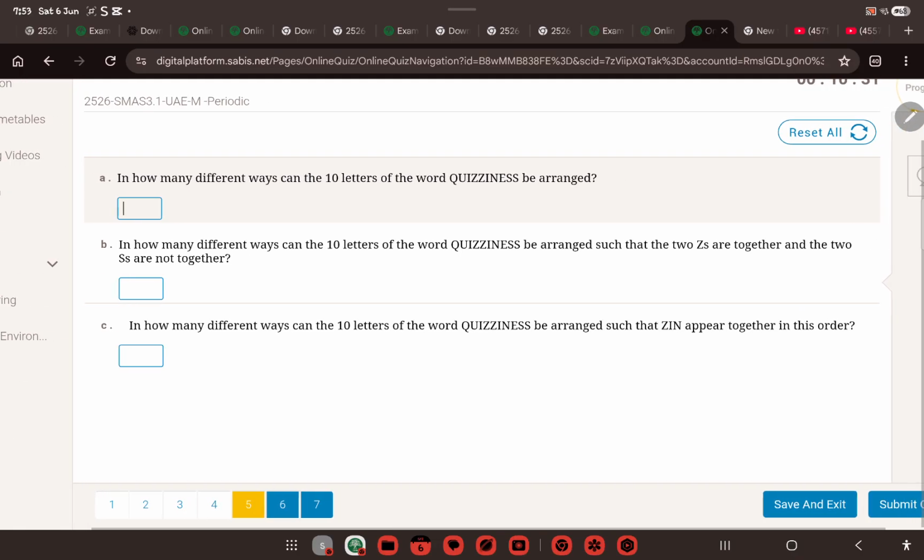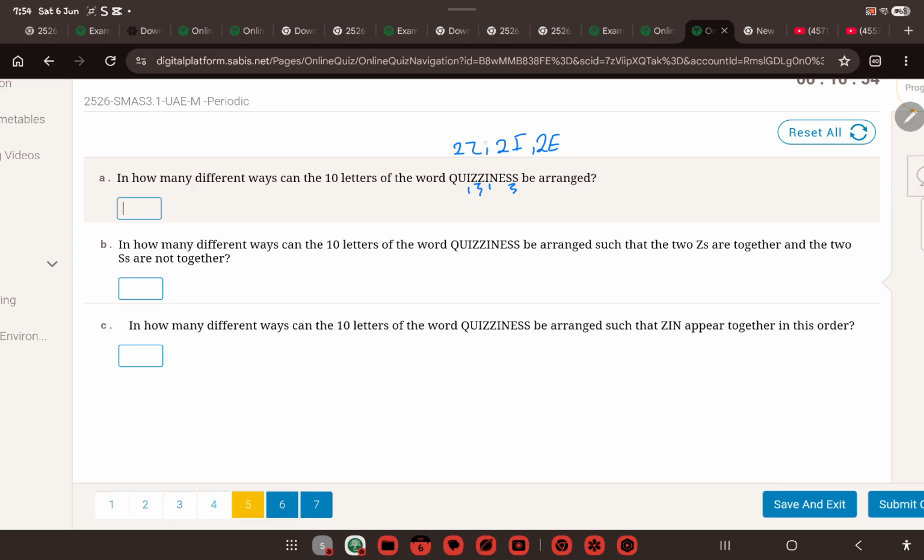In how many different ways can the 10 letters of the word coziness be arranged? There are 2 Z's, 2 I's, and 2 S's. By the way, these rules cannot be used for permutations, and combination is not included in the final.